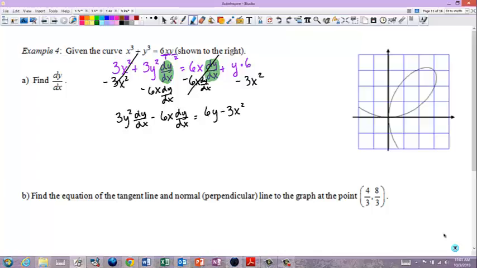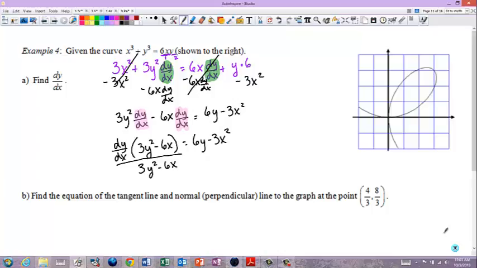At this point, I'm going to factor my dy/dx out. So dy/dx comes out. I'm left with 3y squared minus 6x equals 6y minus 3x squared. I solve for dy/dx. I divide by some stuff. So my dy/dx, or my derivative, is that right there.